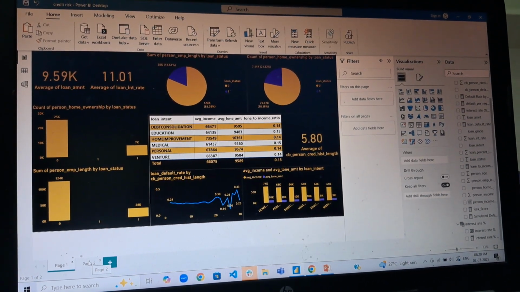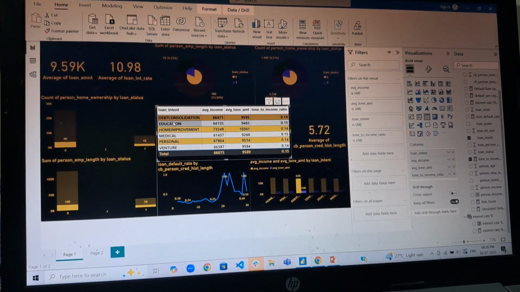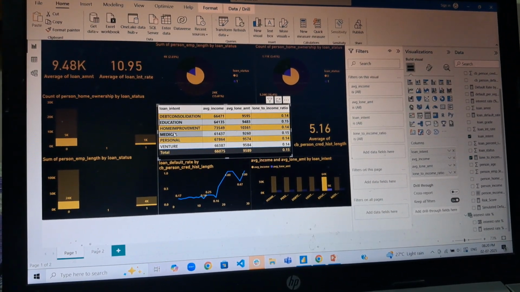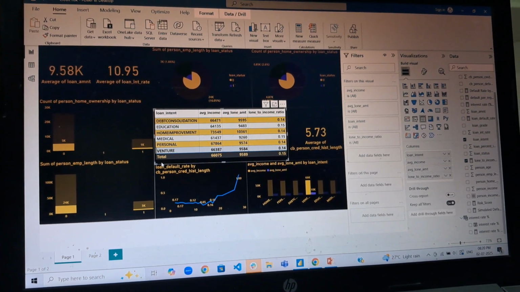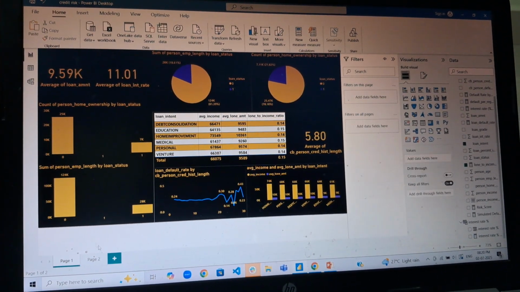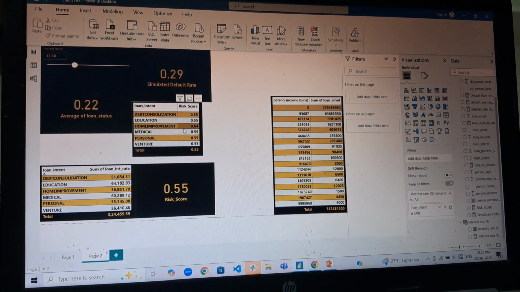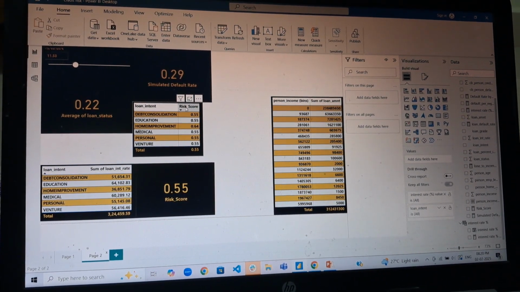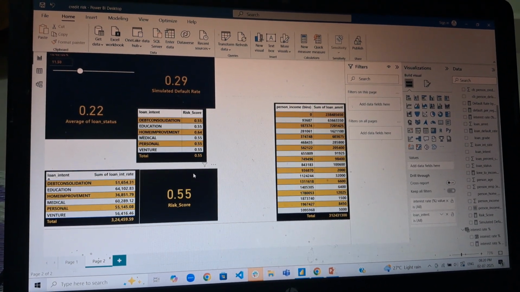Each respective loan intent has its respective risk score, and the maximum is 0.64.